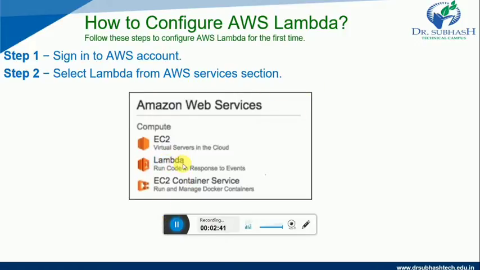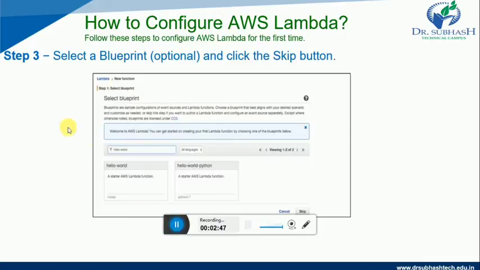Here you can see the Lambda option in the AWS service section. The third step is select a blueprint, which is optional, and click the skip button. Here you can see in this picture you have to select a blueprint, and also one more button is given, that is skip. So you can skip also, which is an optional thing.